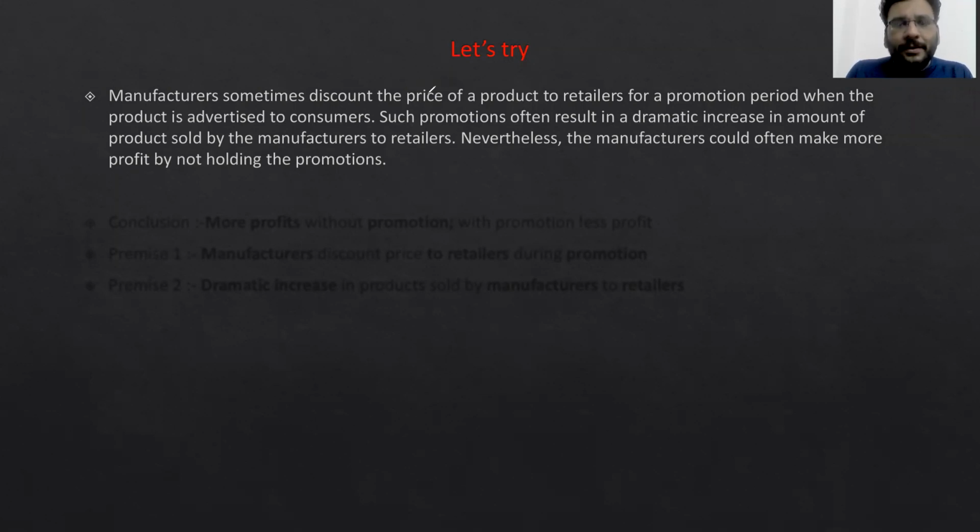From the given argument, it's quite easy to spot the conclusion because the word nevertheless here at the end suggests that this line is your conclusion, right? So the conclusion says manufacturers could often make more profit by not holding promotions. So in a sense, the conclusion says, let's stop going for promotion.